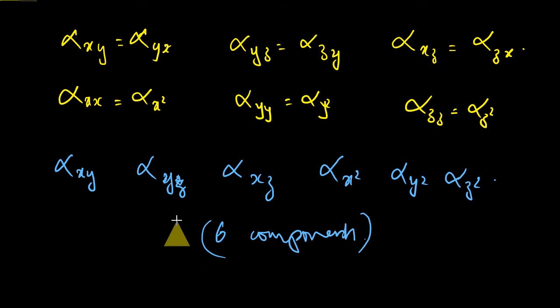Corresponding to these 6 components of polarizability, we have to write the equation for the probability of transition P. So the probability of transition P is proportional to the integral from minus infinity to plus infinity of psi i, p cap, psi f d tau.